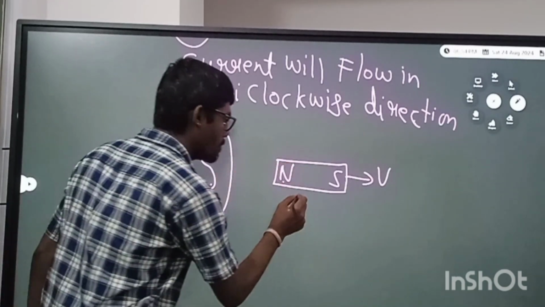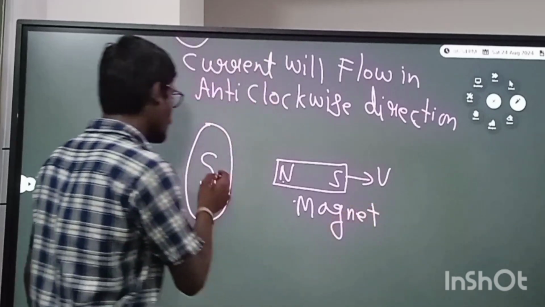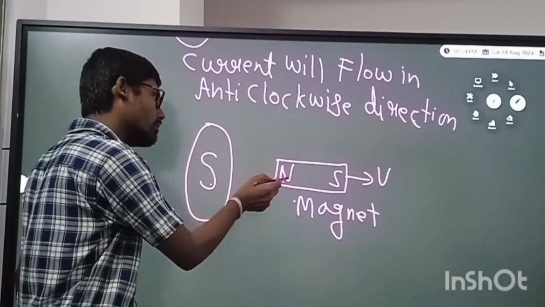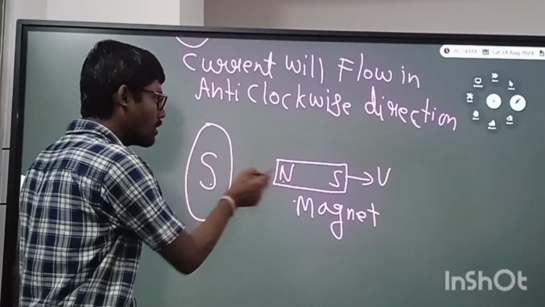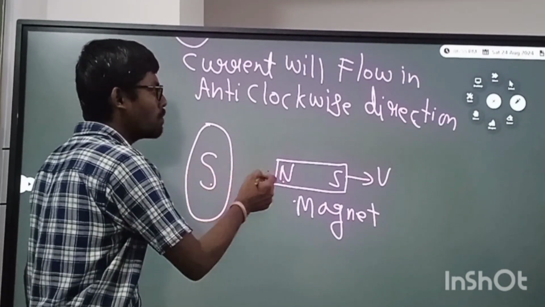Okay, this is our magnet. So this surface of the coil will behave as south pole, so that the south and north poles attract each other, and they will oppose the magnet moving away.